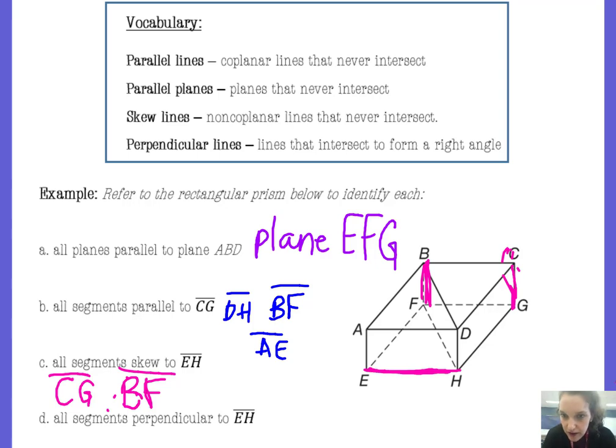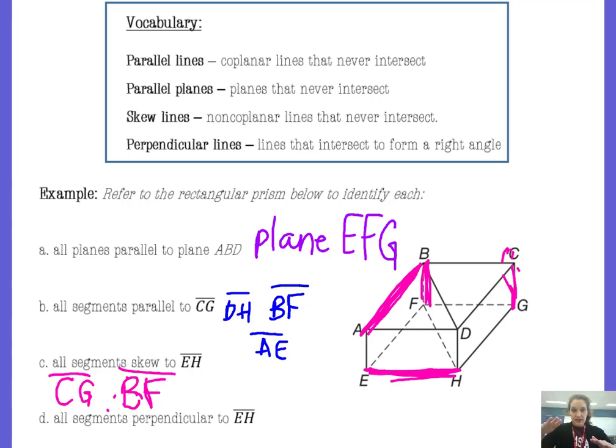Another one. Okay, so we can literally do a process of elimination. AE touches it, DH touches it, AD is parallel. Okay, so like AB. Segment AB and segment EH are never going to intersect because AB is on the top and EH is on the bottom. So it might look like they're going to intersect, but a good analogy is a highway.